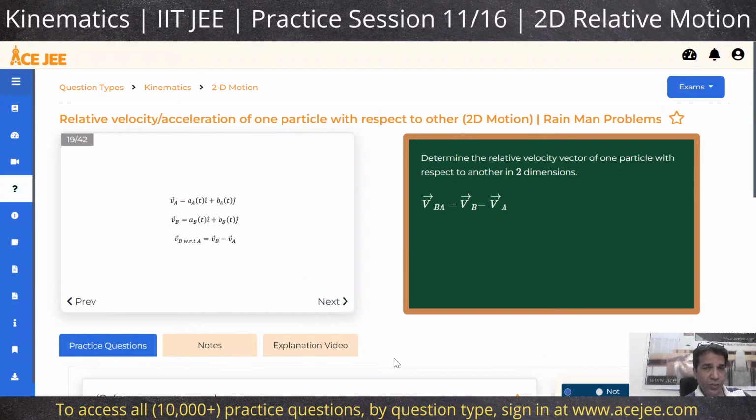But there you could still solve that problem in the stationary reference frame. Here the question will specifically ask you to determine the relative velocity or relative acceleration of one particle with respect to the other.